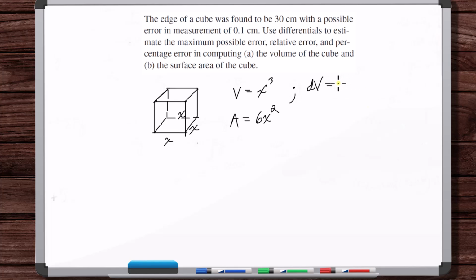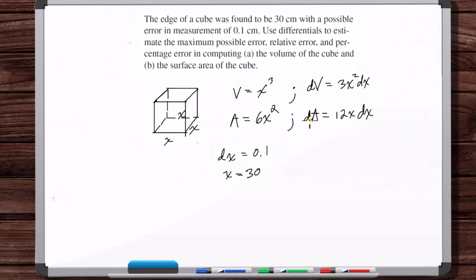So dV is 3x squared dx. What is dA? That's 12x dx. What is dx as far as differentials? 0.1. And what is our x going to be? The nominal value is x equal to 30.